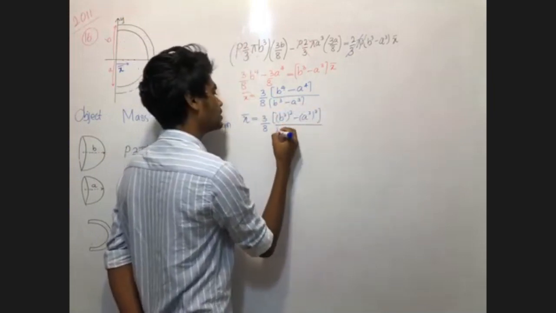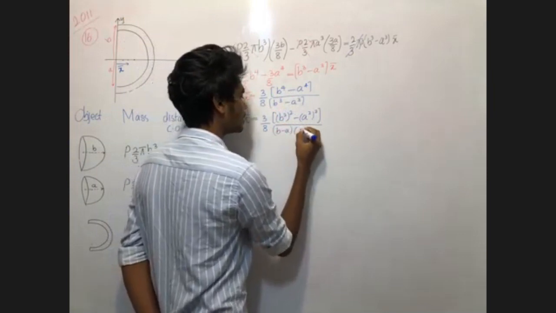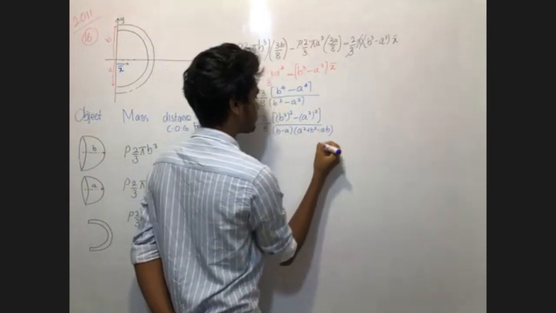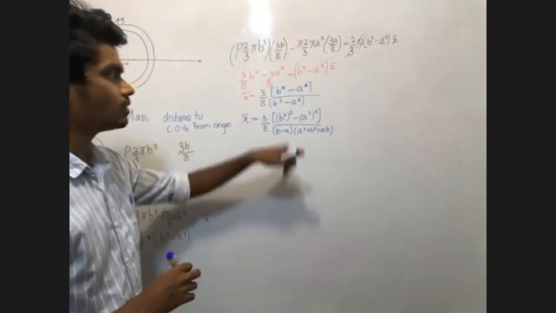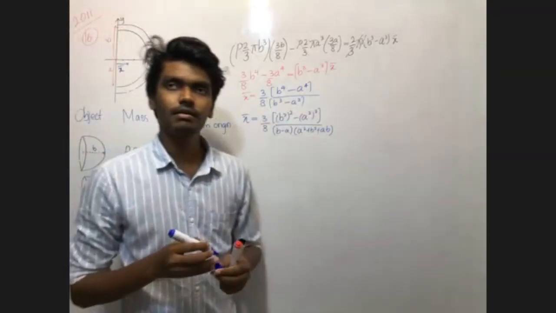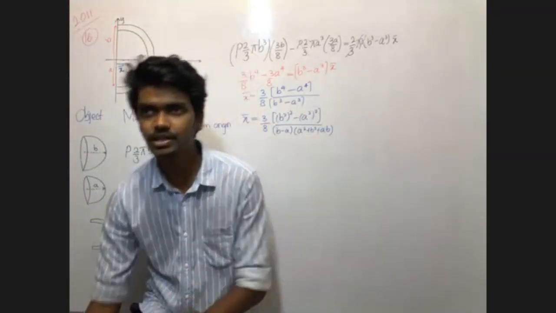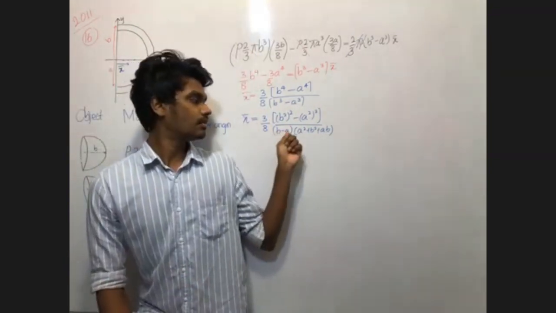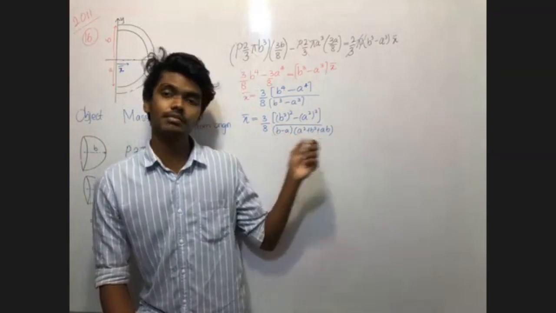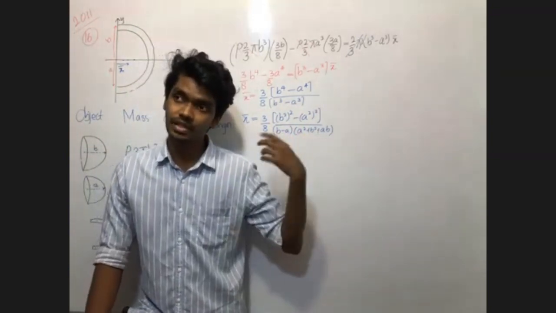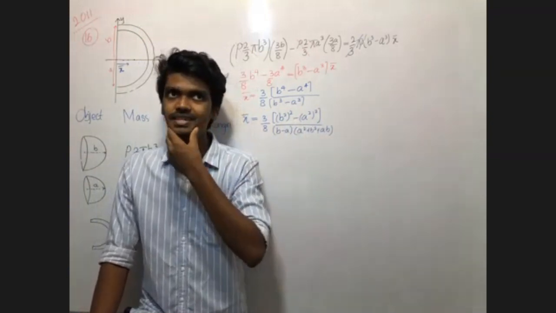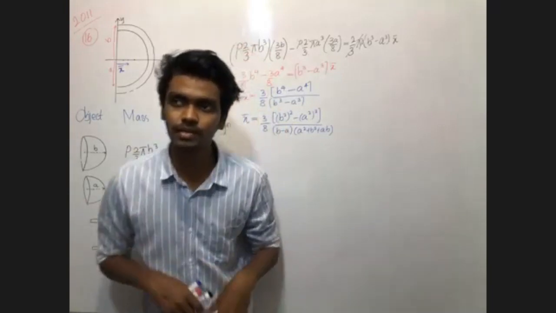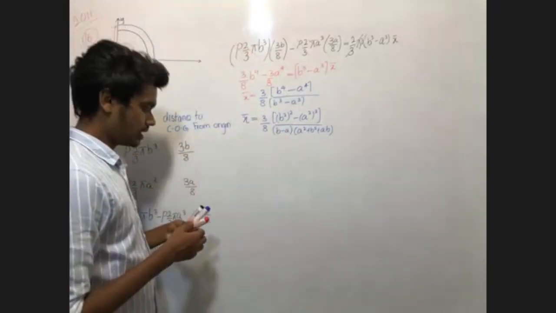And I'm going to expand B cube minus A cube, which is B minus A into A squared plus B squared plus AB. It's not 2AB, it's AB. This expansion is expected to be known, right? So I think you are okay with that, so therefore I will move on.